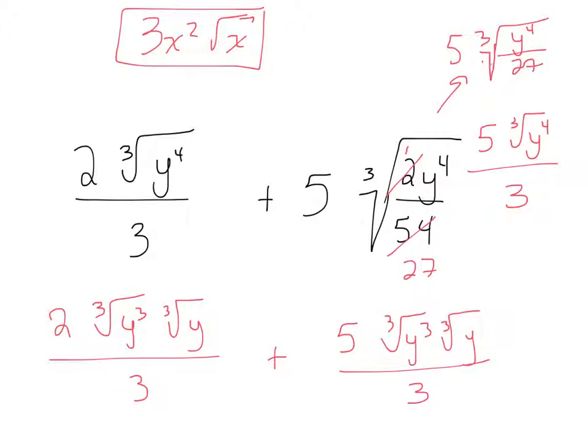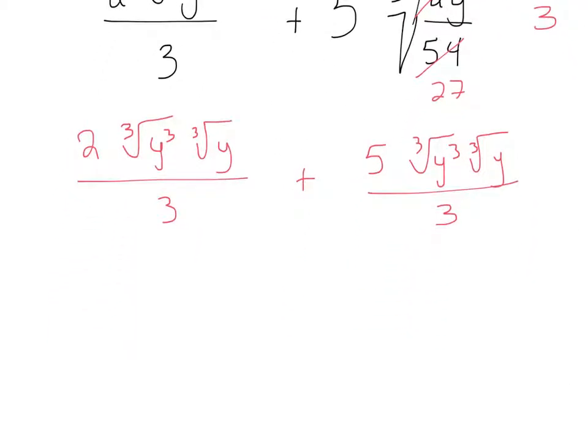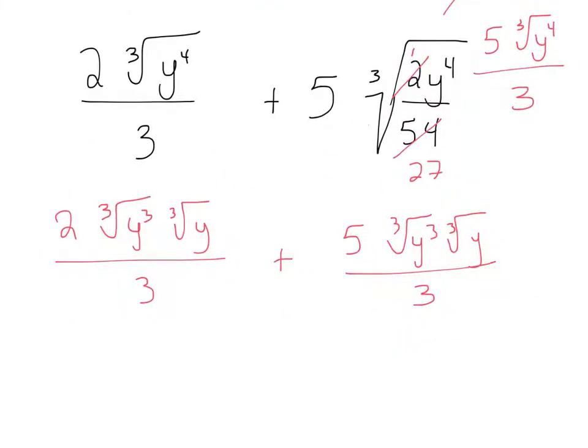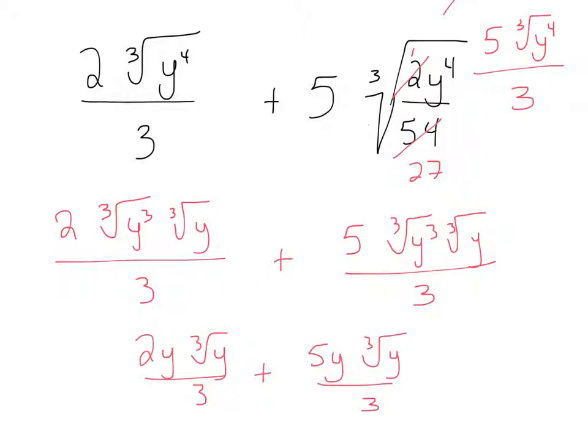And now we can clearly see that these are going to be like terms. Just look at the format. You see the exact same format for both of them. So if I want to go ahead and solve this, I'm going to simplify first to make this 2y cube root y over 3 plus 5y cube root y over 3. And a minute ago, Paul reminded us, when we have the same denominator, what do we do to the numerators?